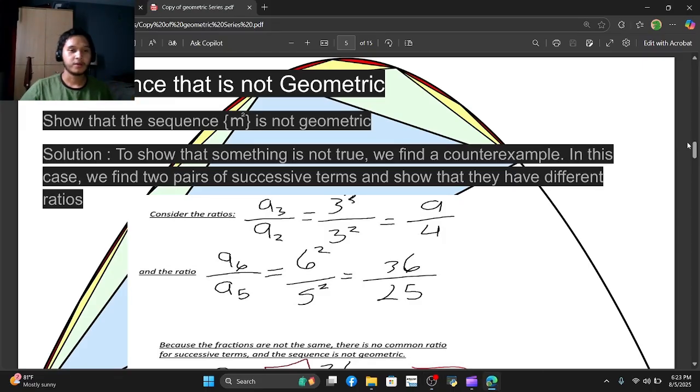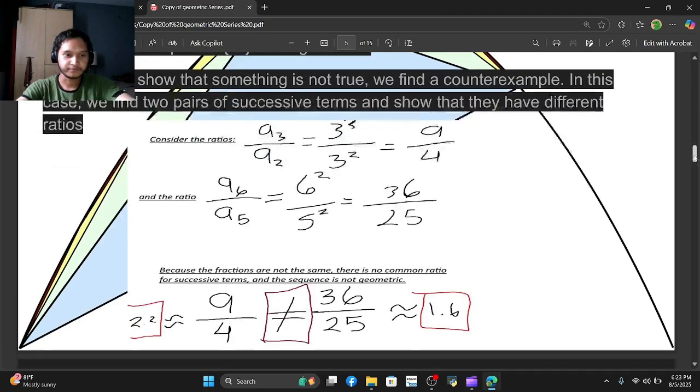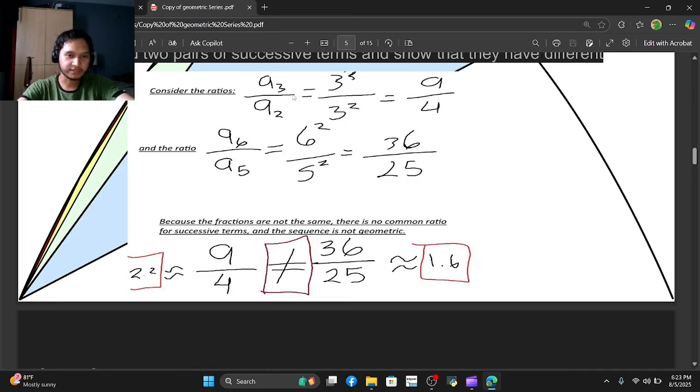In this example, we will see that it's very important to do this, because there are some equations that don't have a common ratio. So let's consider this. A sub 3.